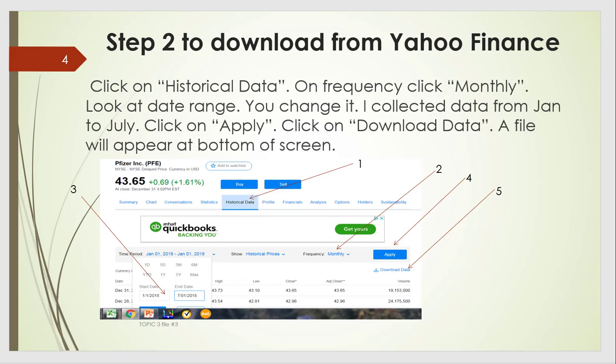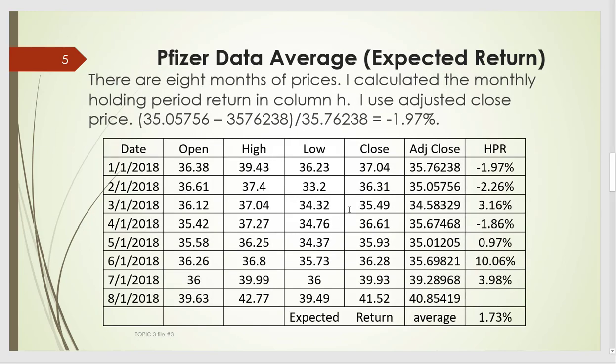It will download, and if you look at the bottom of your screen, you'll see that it shows up as an Excel file. The Excel file will look very much like what you see here. It will have the date, opening price, high price, low price, close price, and adjusted price, which means it's adjusted for stock splits or dividends or anything else that's happened during the day. We're going to work with the adjusted price, and then what I've done is calculated the holding period return like I've done before.